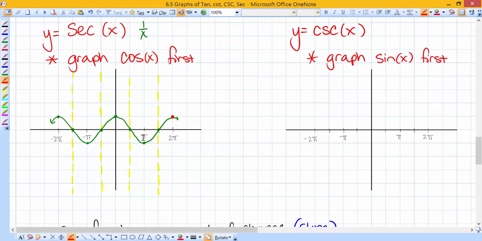And they actually happen at 2 pi, pi, 0, negative pi, 2 pi. And they continue to go and go and go. If I were to plot other points, I would see that I have values that make my graph actually curve away from the cosine graph.